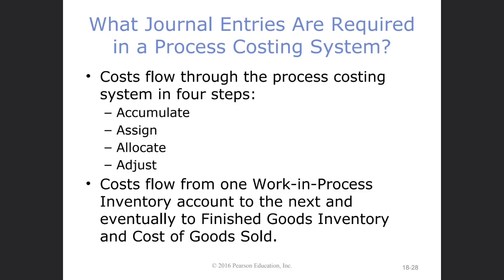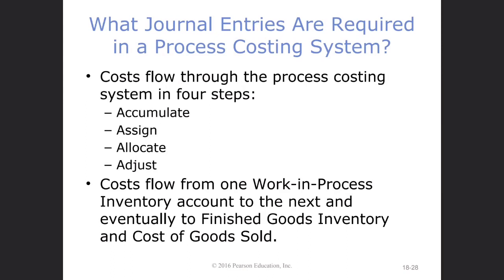So when you allocate cost, you could think of it like this: you buy a huge amount of chicken. Some of it's going to be a chicken sandwich, some of it's going to be chicken nuggets. So you have to allocate the cost of the chicken based on what you turned it into. We paid $100 for chicken, but we got 50 in our chicken sandwiches and 30 in our nuggets and then 20 in our chicken strips.